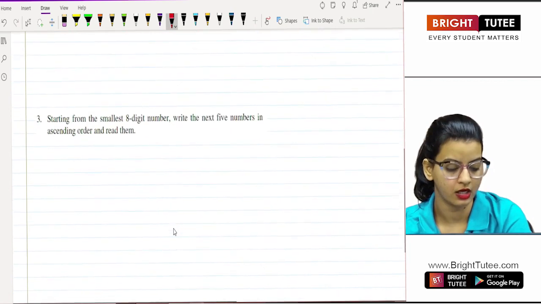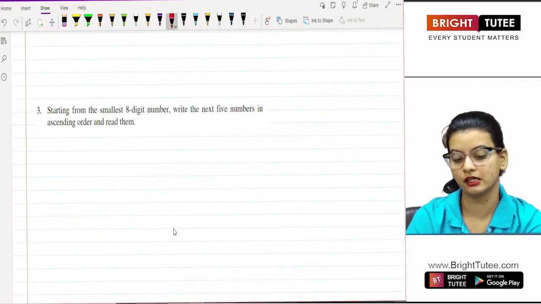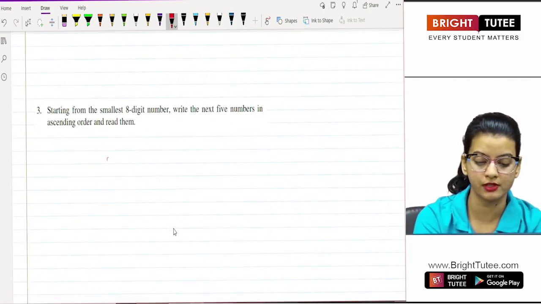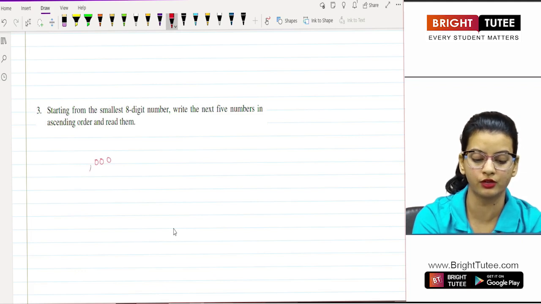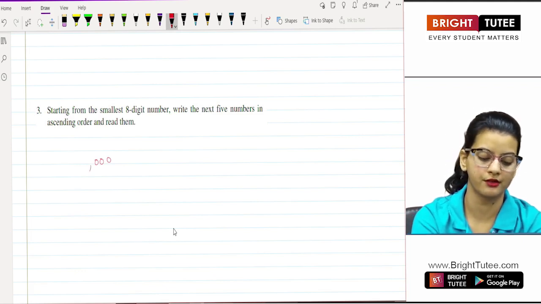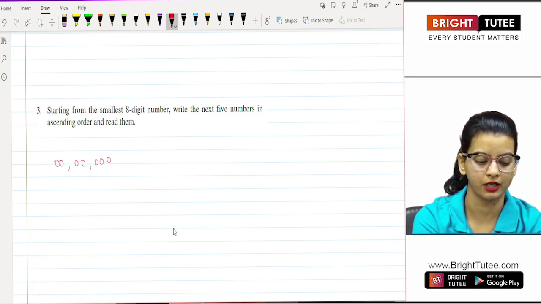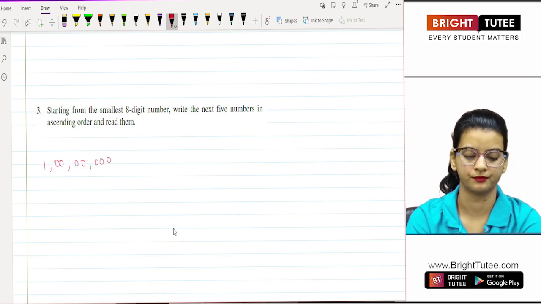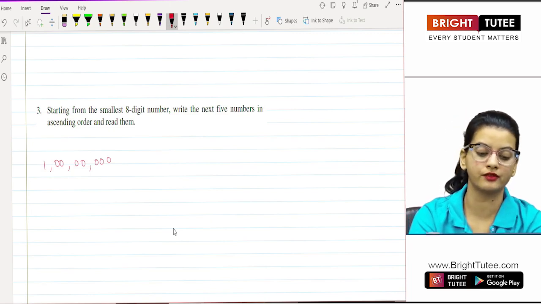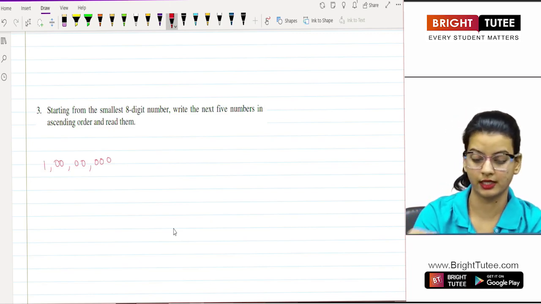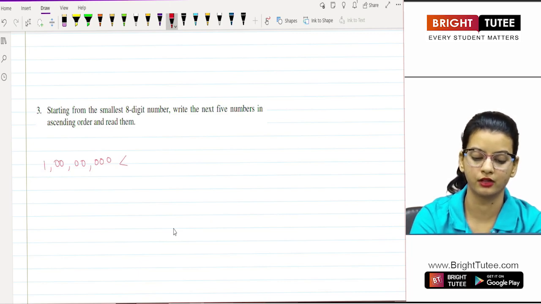Okay. Now, starting from the smallest 8-digit number. Now you know what the smallest 8-digit number is? It is 1 crore. So we have 1, 10, 100, 1000, 10,000, then lakh, 10 lakh, and then 1 crore. So we have to write the next 5 numbers in ascending order. So this is 1 crore.